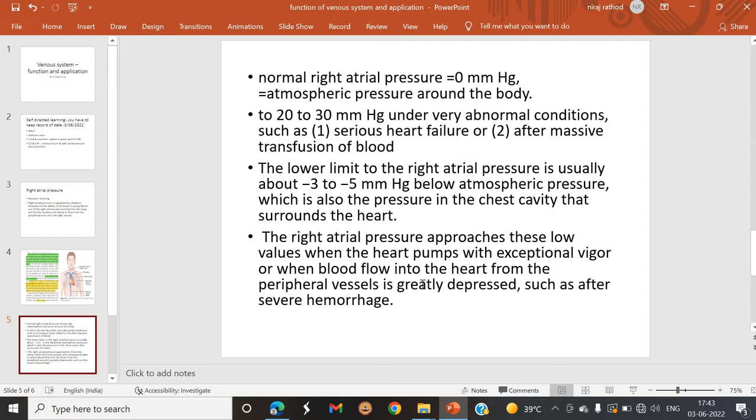So when your right heart is pumping excessively and blood volume is less, like in the case of hemorrhage, this minus 3 to 5 mmHg pressure can be approached when there is a very low volume of blood and the heart is vigorously beating. This is the lower limit of right atrial pressure.